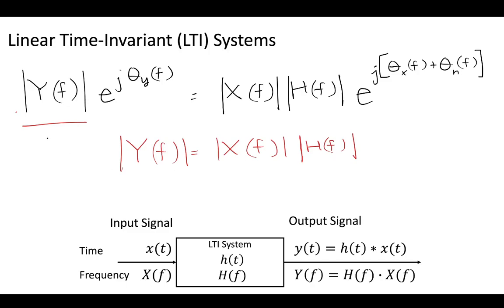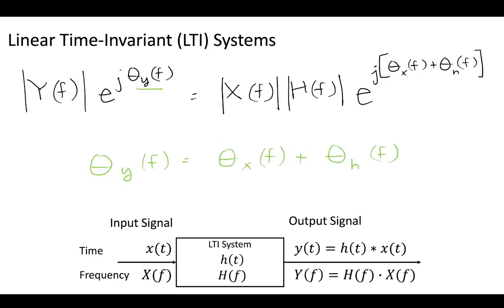Further breaking this down, we can determine that the amplitude at the output is going to be these two real parts multiplied together. So the output amplitude would be the input amplitude multiplied by the transfer function amplitude, and the output angle is going to be the sum of the input angle and this transfer function angle.